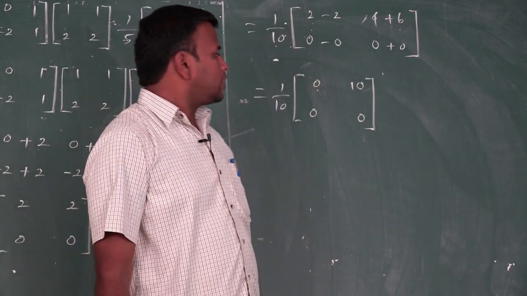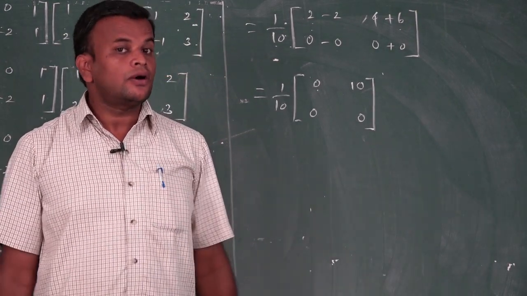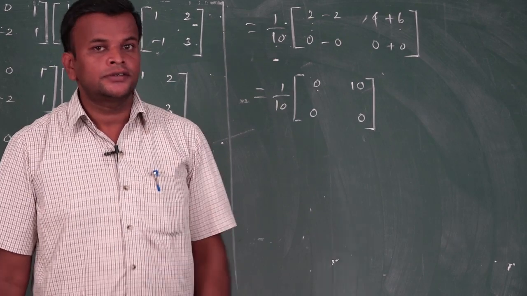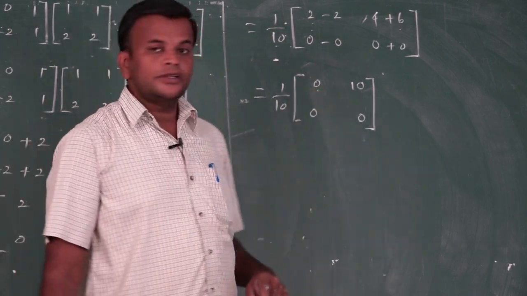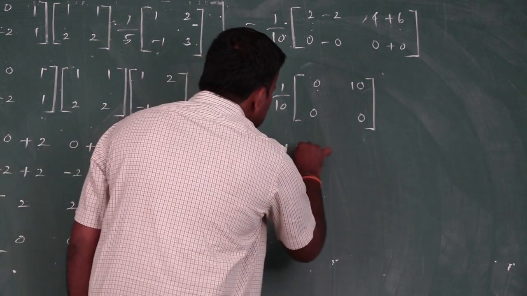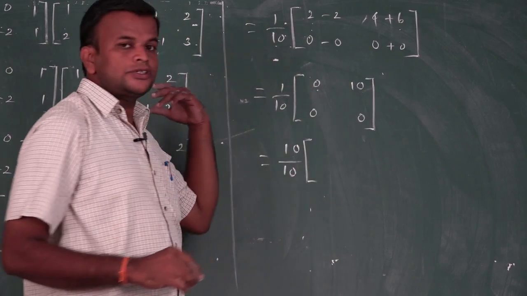You see, one element is common in the matrix. One element is common in all the terms. Which one? That is 10, because 10 into 0 is also 0. So I will take the common element 10 outside.